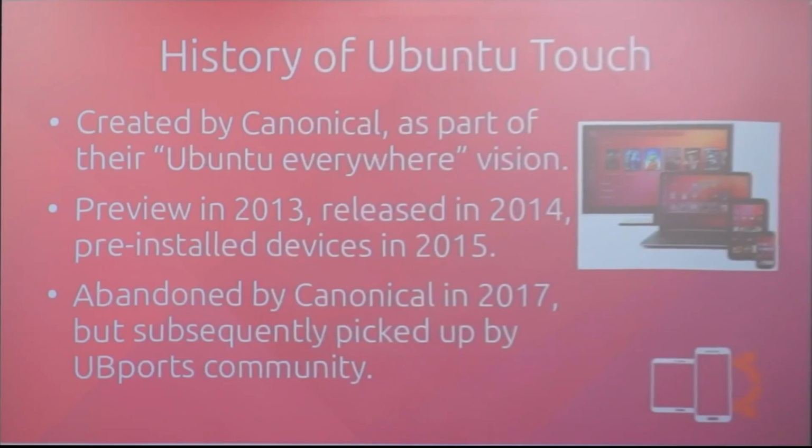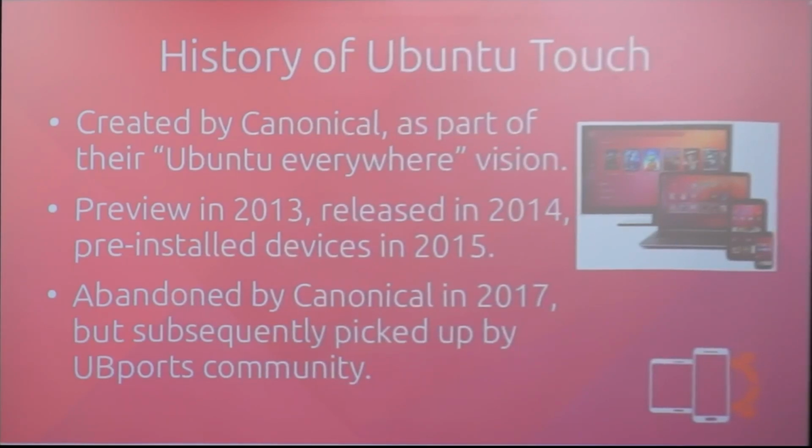So let's talk about the history of Ubuntu Touch. Ubuntu Touch was created by Canonical in 2013 as part of their Ubuntu Everywhere vision. You might remember the time when Canonical tried to put Ubuntu everywhere: in your TVs, in your laptops, in your tablets, and in your phones.